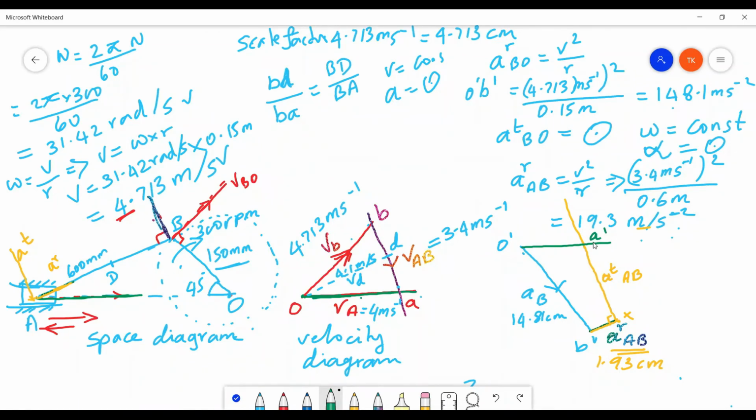So this O dash A dash and the capital OA, these three are parallel, right? Since this x A dash and this O dash A dash are meeting at a point, that point I can mark as A dash, sorry, not B dash, A dash, already marked. B dash is already here, right?